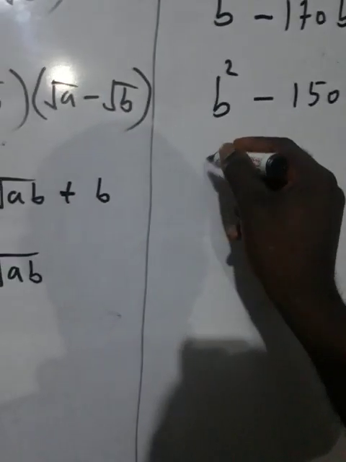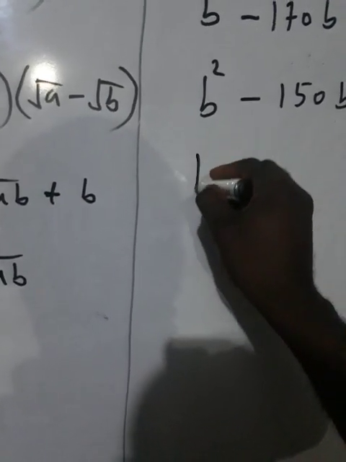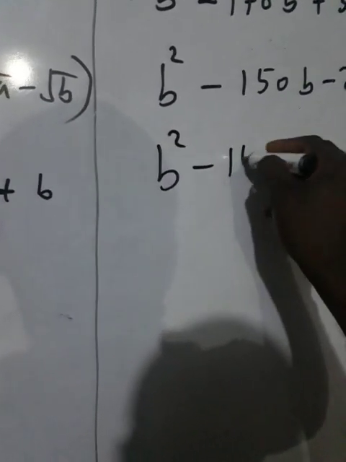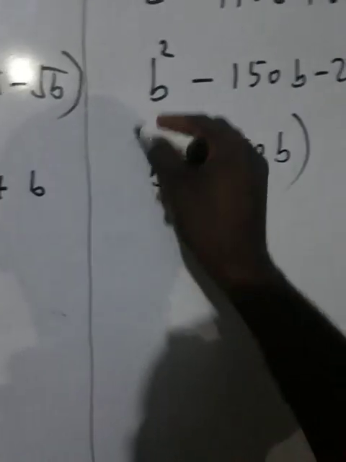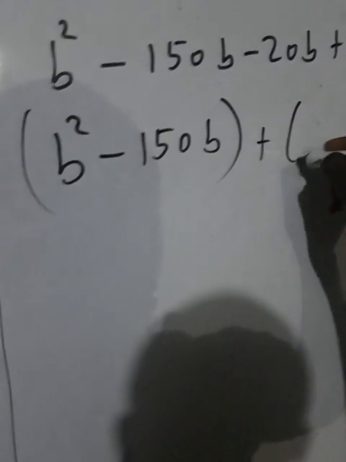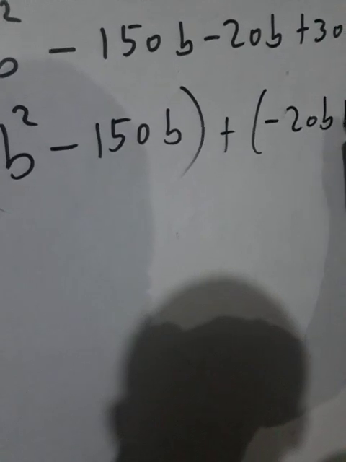Pair these terms, pair two terms together. I have b squared minus 150b paired together, plus minus 20b plus 3000, and this is equal to 0.